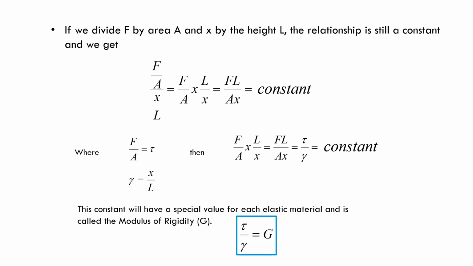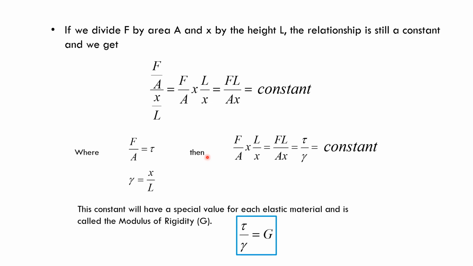Now if we divide the F by the area A and then x by the height, the relationship will be constant. If we put it into this equation, F over A over x over L, we will get the equation FL over Ax equal to constant, where F over A is the stress and x over L is the strain.